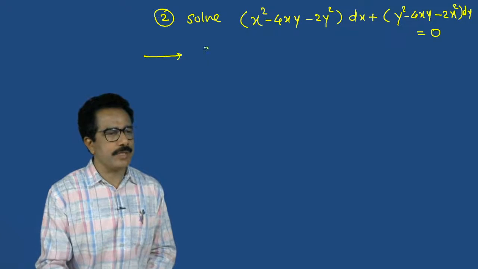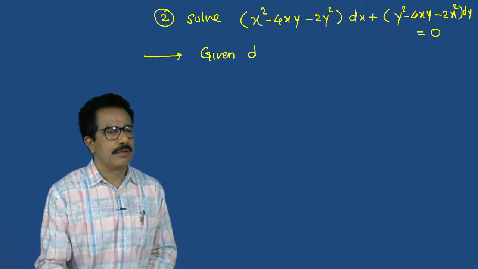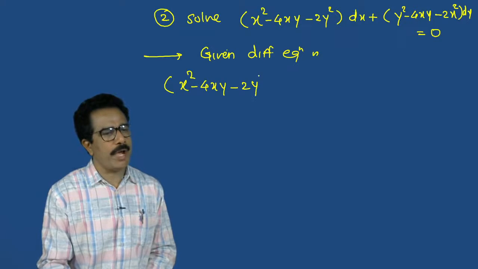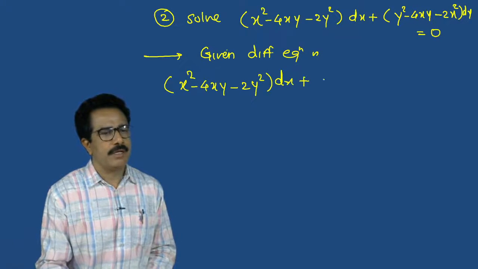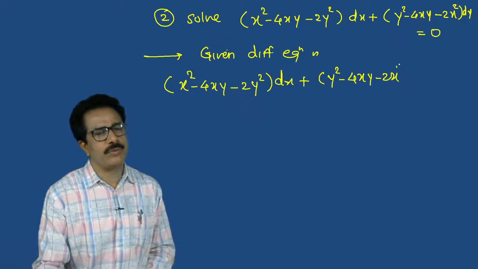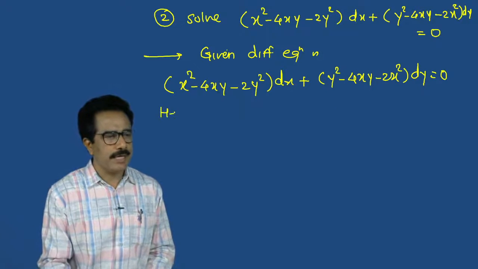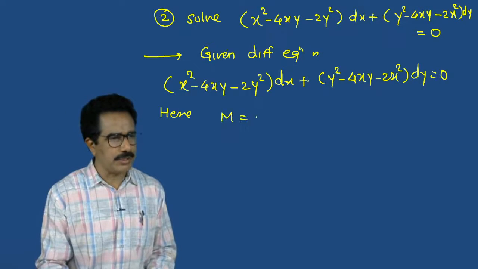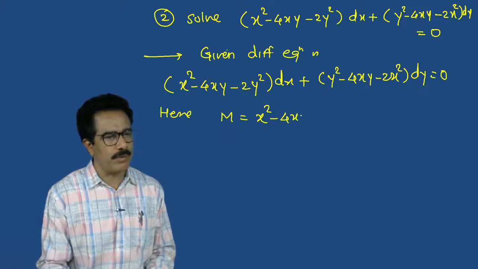हाँ चला रे students, given differential equation is x square minus 4xy minus 2y square dx plus y square minus 4xy minus 2x square into dy which is equals to 0. Here you can compare M dx plus N dy. M is equals to x square minus 4xy minus 2y square.